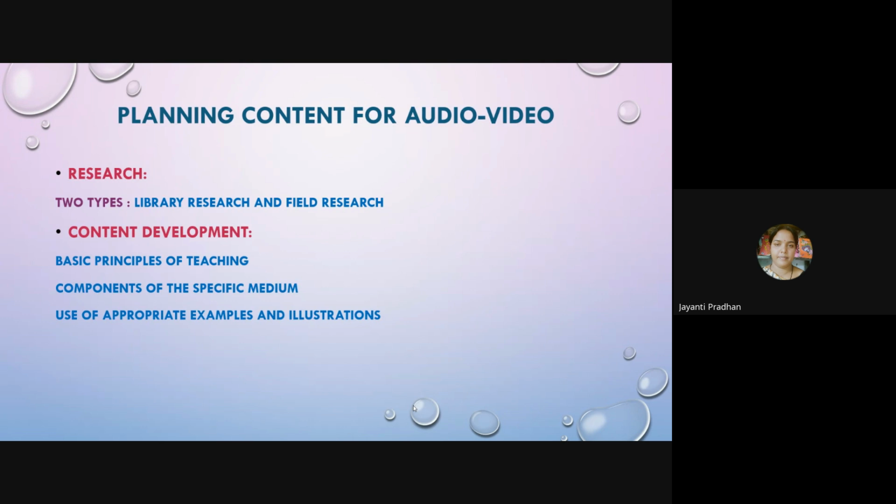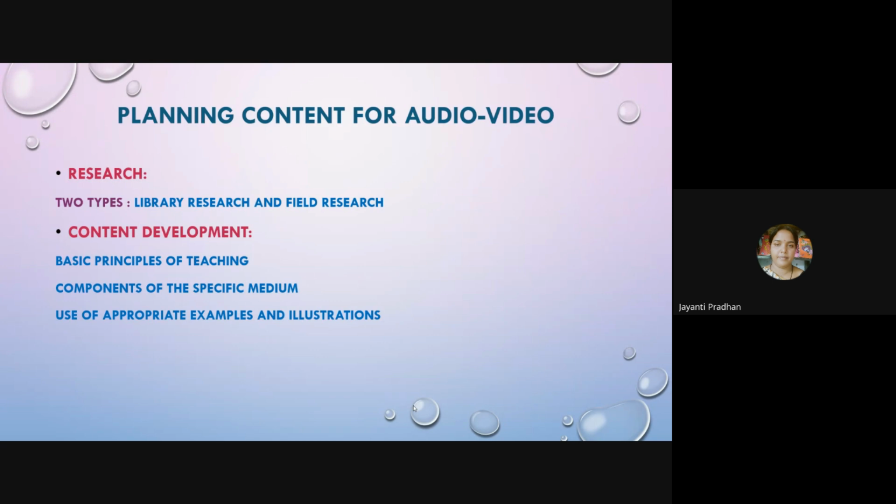In library research, we can go through the articles published regarding the content and the audio video materials. And from the field also we can collect what kind of content is required to be delivered by using video or audio media. The research should be conducted, then content development.